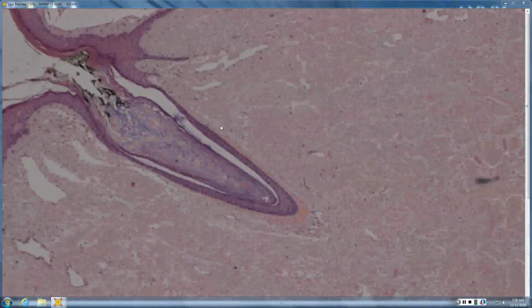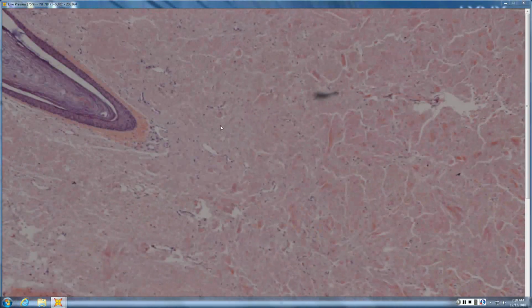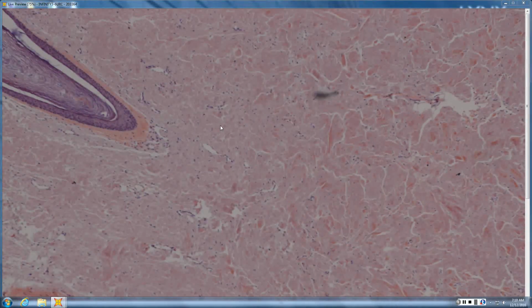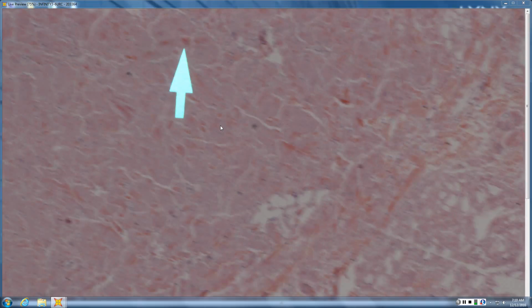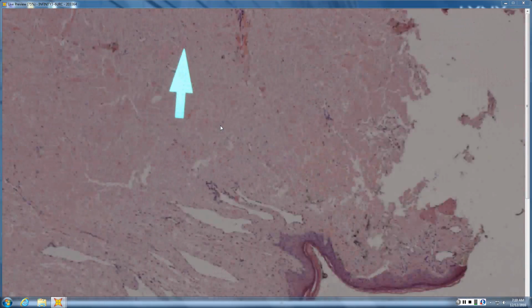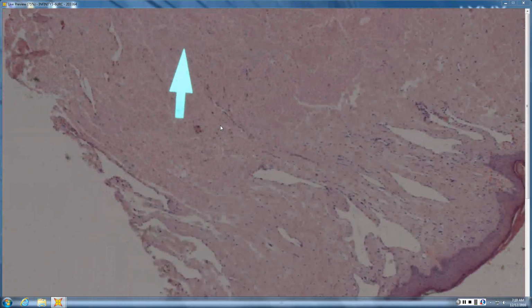What do you think? Something's going on, right? That doesn't look like normal collagen bundles in the dermis. It looks like pink, amorphous, eosinophilic material, and if there's that much of it, it's probably amyloid.